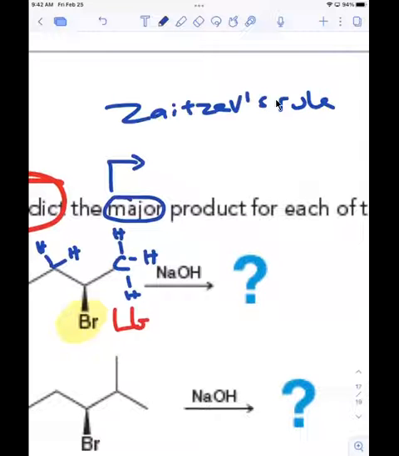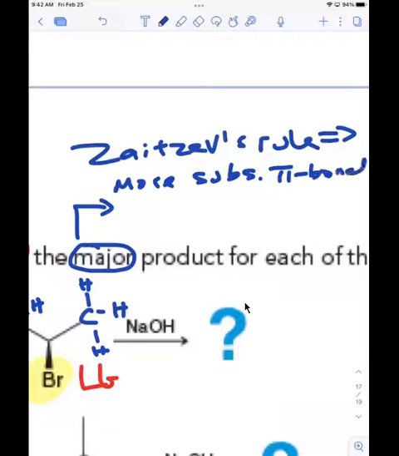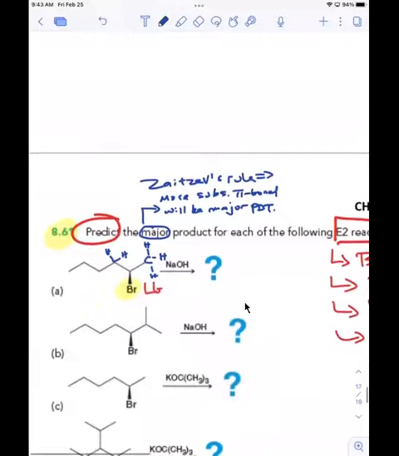The one that's most substituted. The more substituted pi bond is going to be a major product. Good. All right, so the more substituted pi bond is going to be your major product.